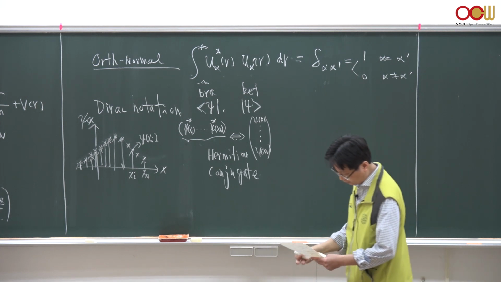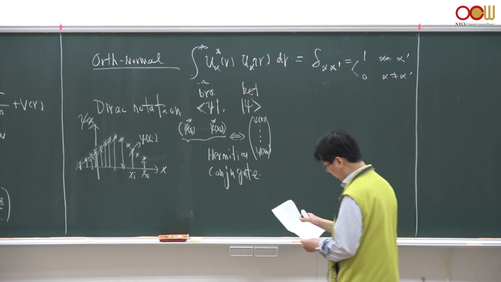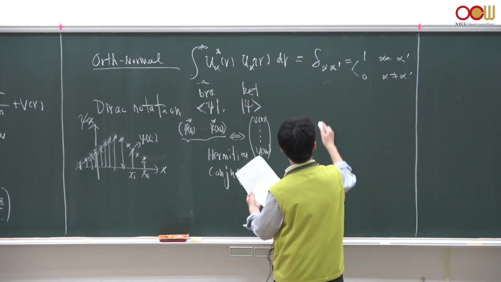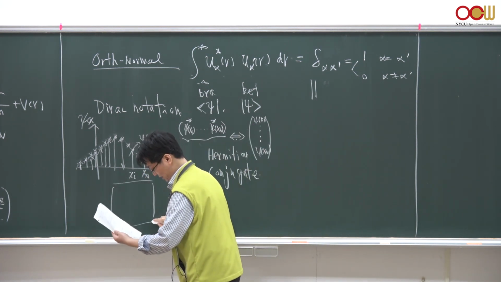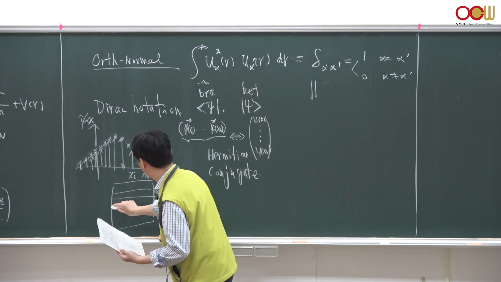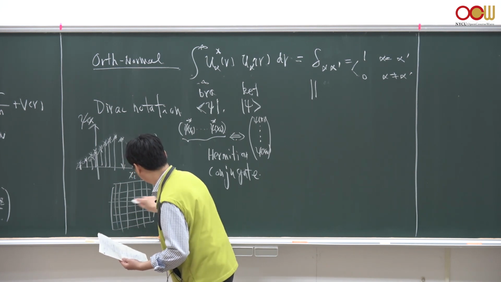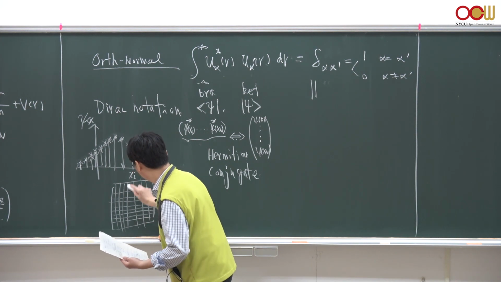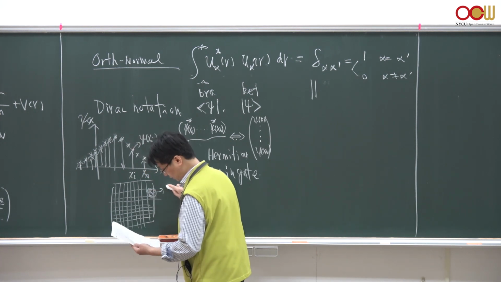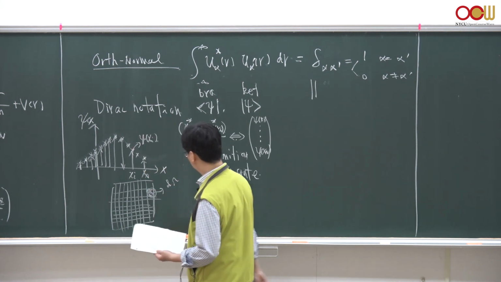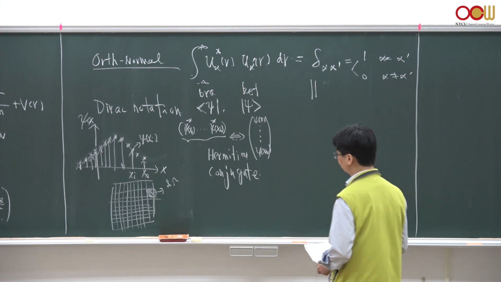Okay, so we take advantage of the Dirac notation, and we could rewrite this orthonormal condition for a single electron living in a box. Suppose I have this real space, and I could simply divide this real space into different small volumes or small unit cells, and I could call this delta omega the size or the volume of this small unit cell.